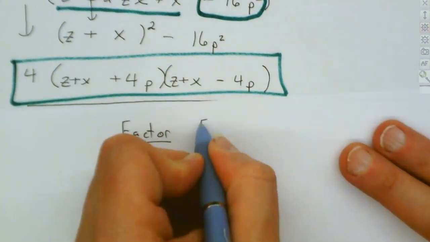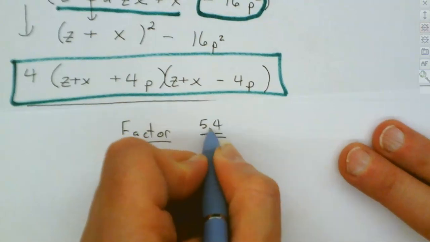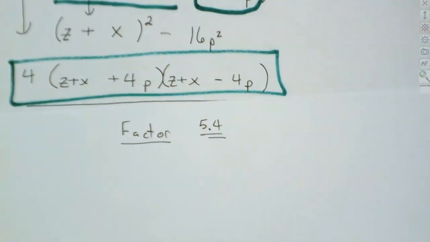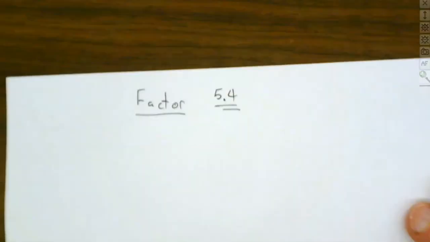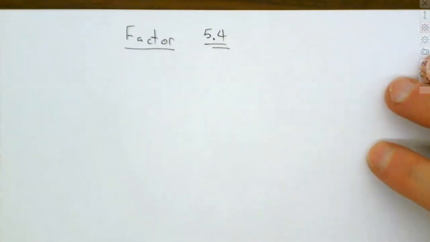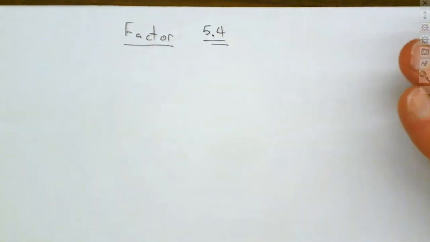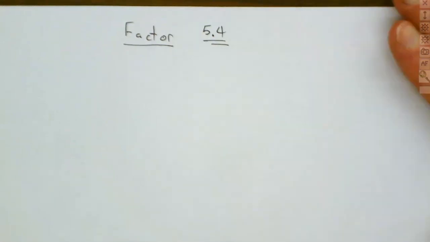And this is everything we've learned so far, all mixed up. It's nothing new. All the same types of questions that we've seen before. It's just that now we have to put them all together. And we have to know how to proceed based upon the number of terms. So I'm going to give you different ones. We're going to go through all the different factoring techniques again.